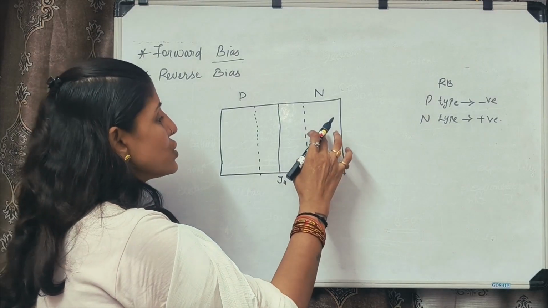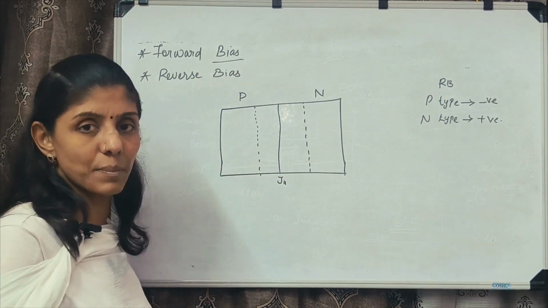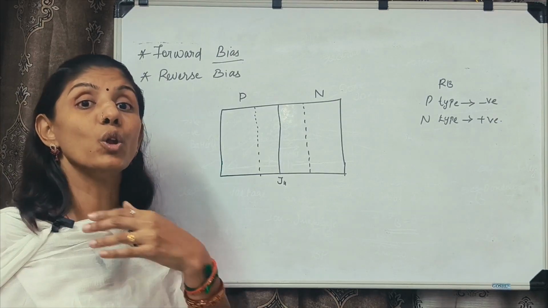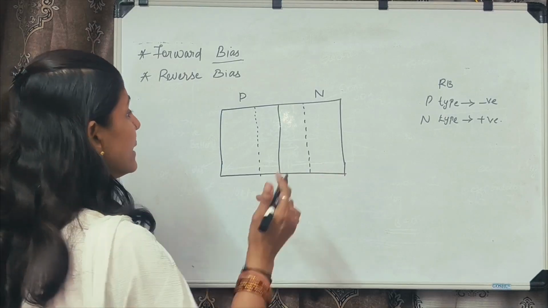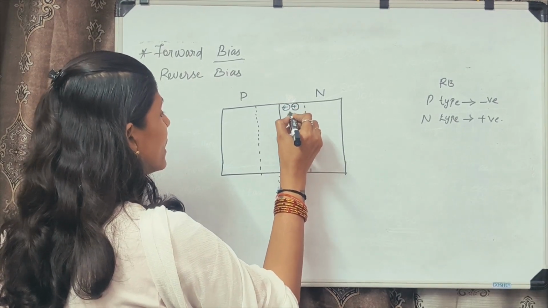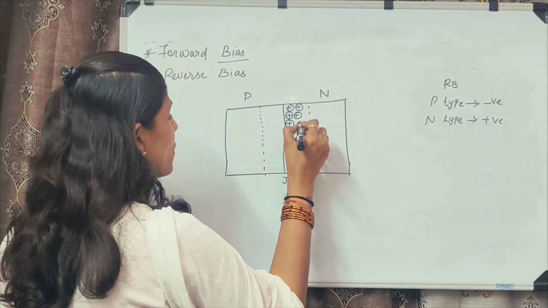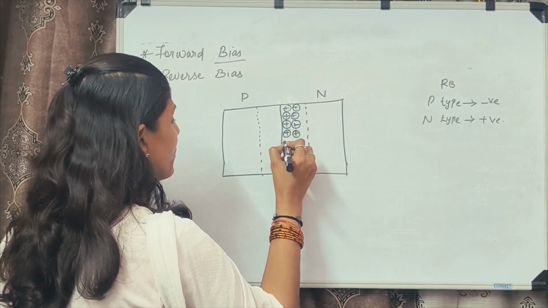Here it is a donor ion, here it is an acceptor ion. The electrons are losing, that's why here the ions are positive ions. So what ions? These ions.